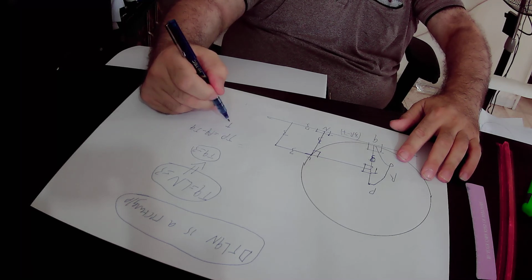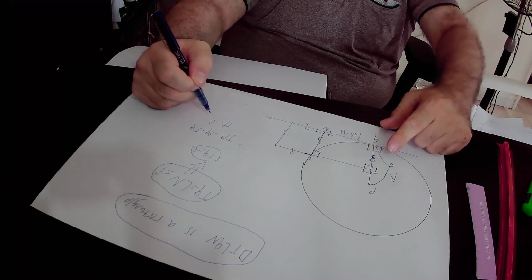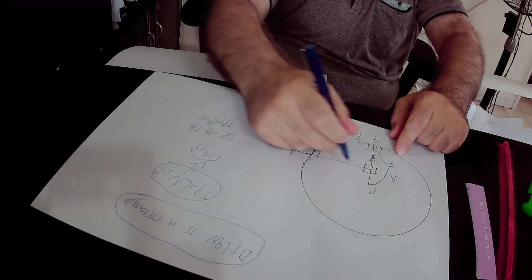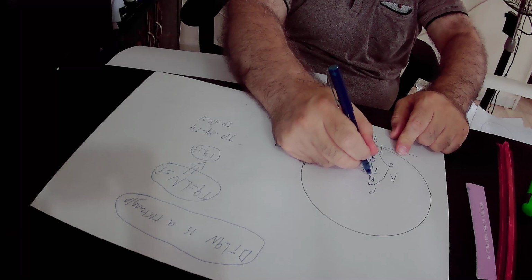So PT, or TP, equals PQ, that is R, minus TQ, that is 3. So in conclusion, I found that PT equals R minus 3.